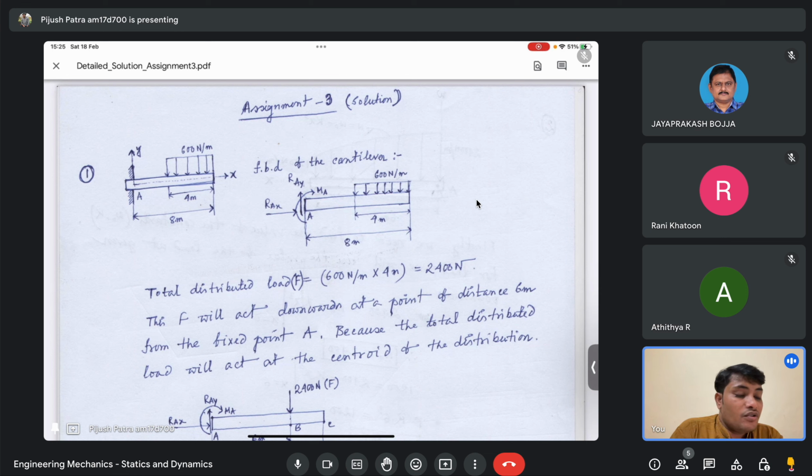The reaction force will act in both directions, in the horizontal and the vertical direction, and there will be a net reaction moment. In case of roller support, you will have only the reaction force in the vertical direction or perpendicular to the support, that's all.